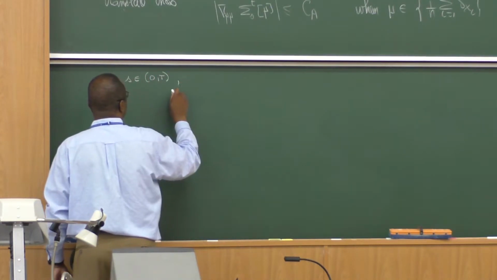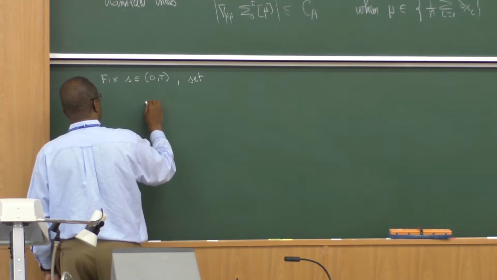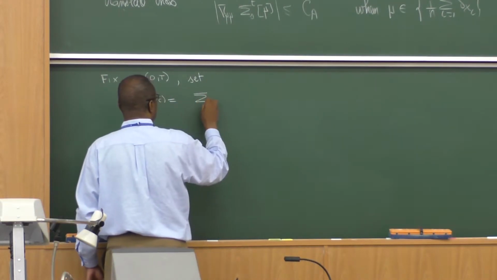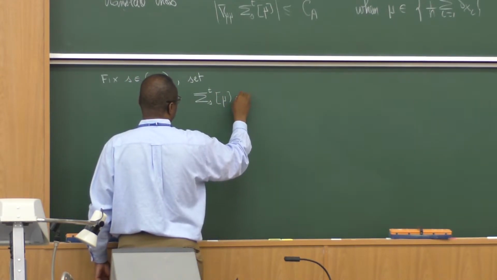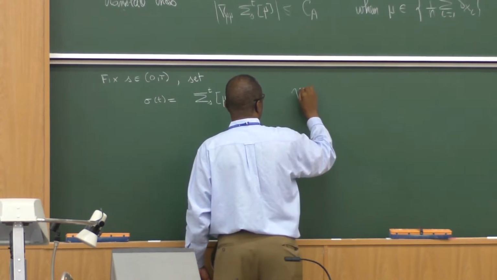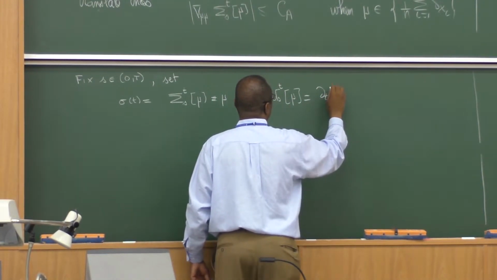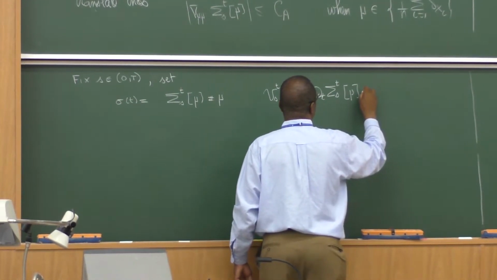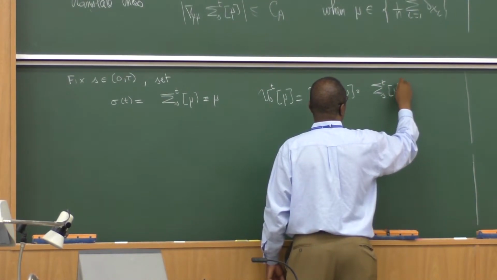Set sigma t to be sigma s t mu, and v s t of mu to be the derivative with respect to time of sigma s t mu, composed with sigma s t of mu inverse.